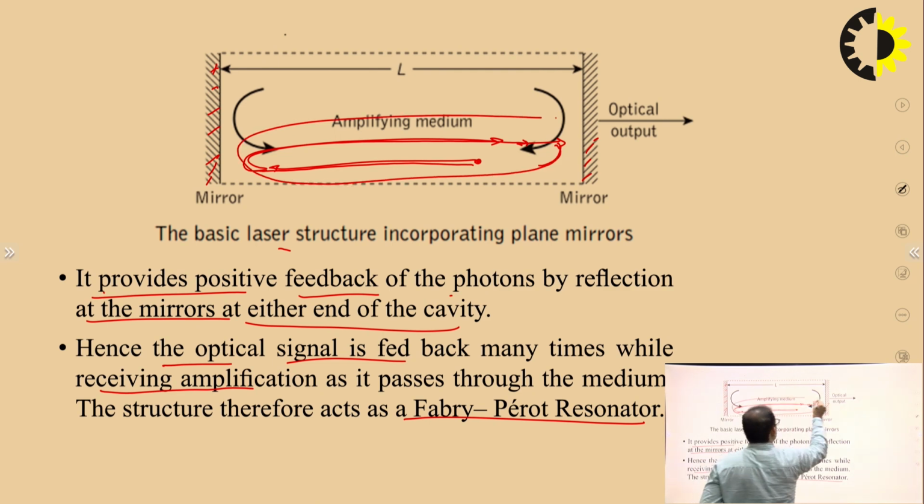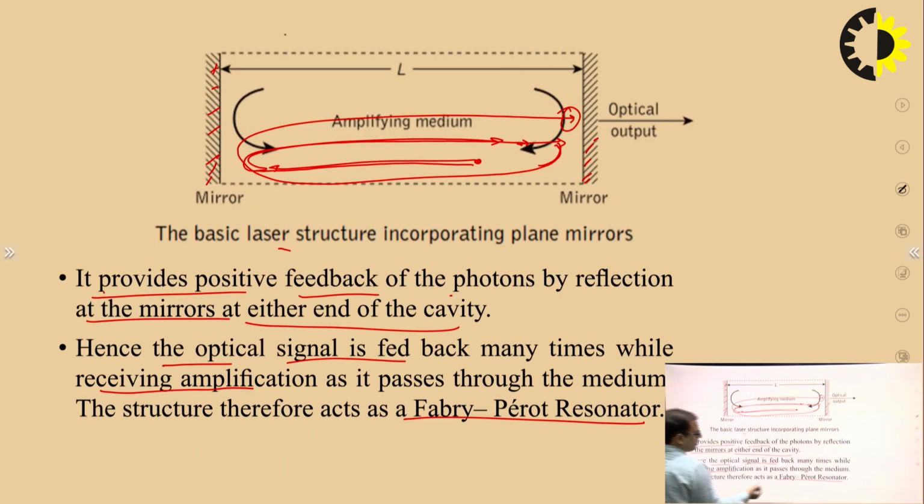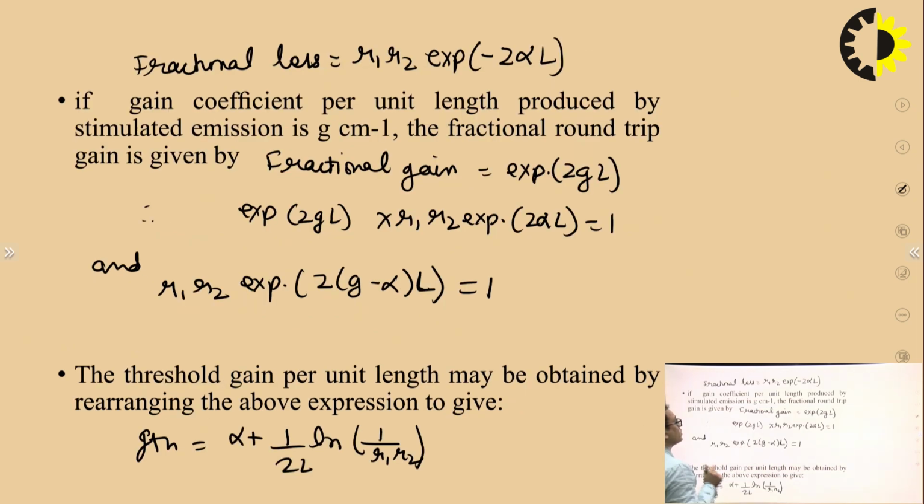Now if this photon has a gain which can overcome the optical loss of the reflective mirror, then that photon will get out from the device. So this type of structure is known as the Fabry-Perot resonator.